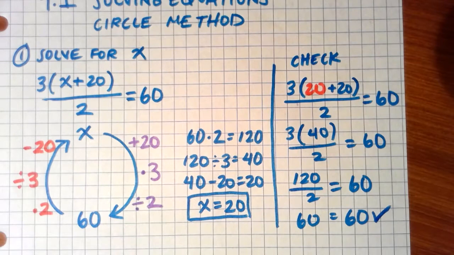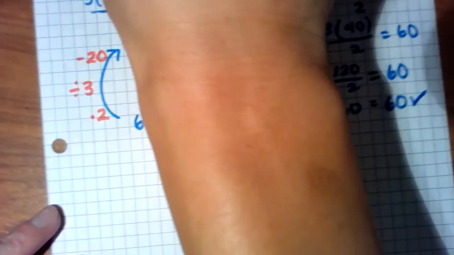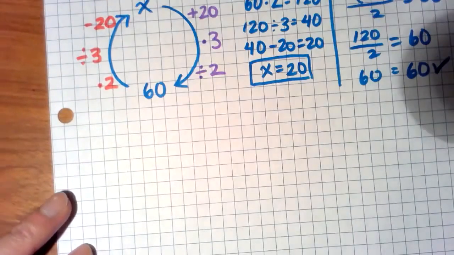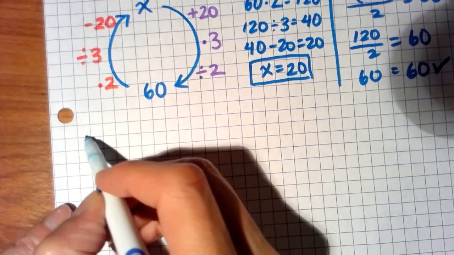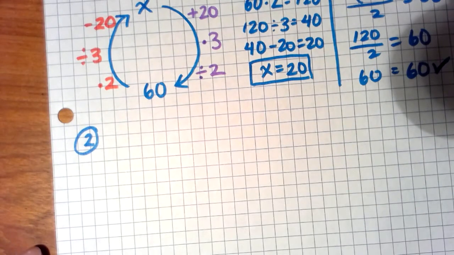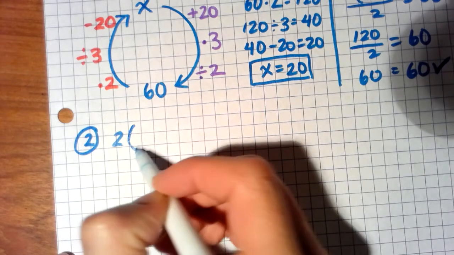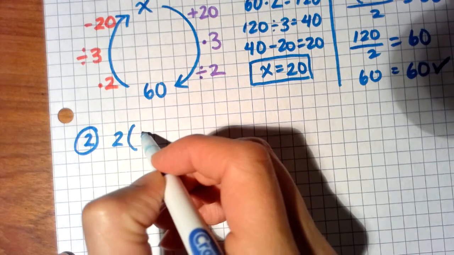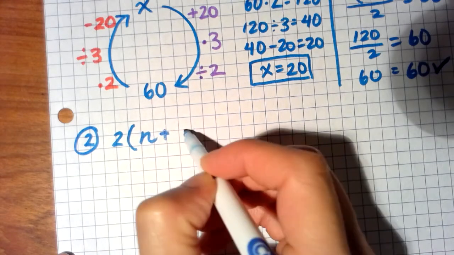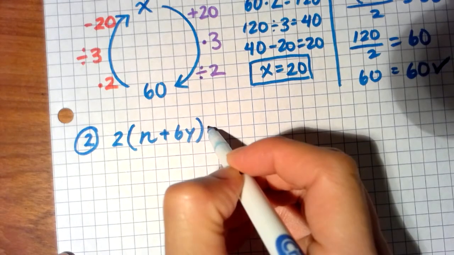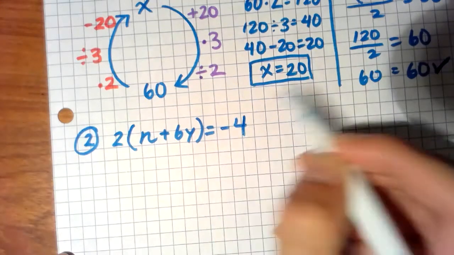Let's do another example. The equation is going to be 2 times (n plus 6y) is equal to -4.